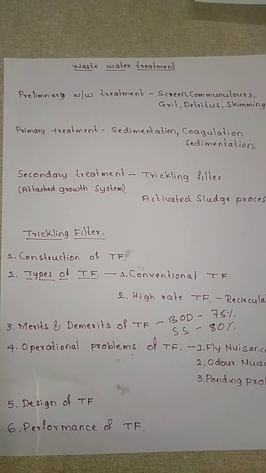Okay, now the working of a trickling filter is very simple and does not require any skilled supervision. It has flexible operation and a self-cleansing effect, and the moisture content of the sludge obtained from the trickling filter is as high as 99%.